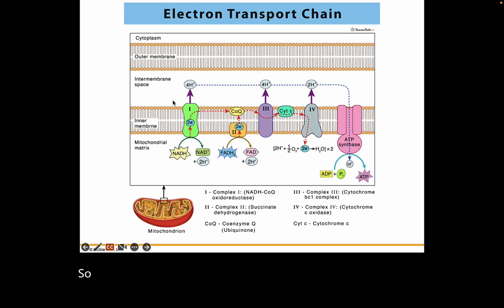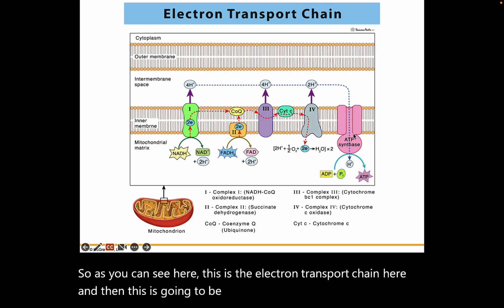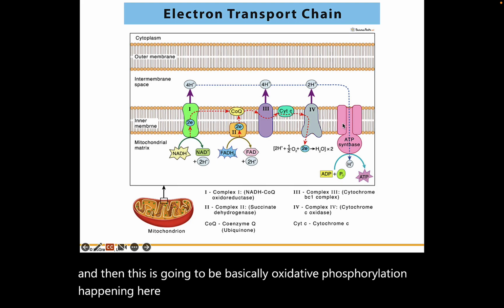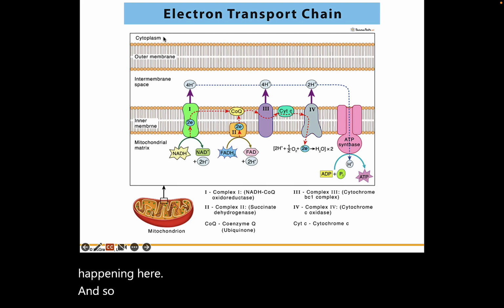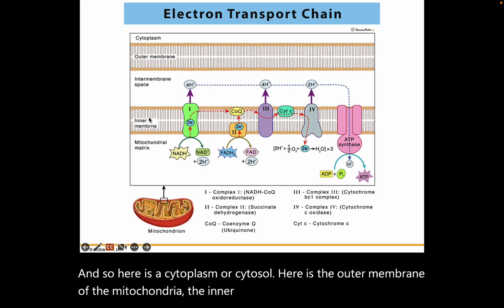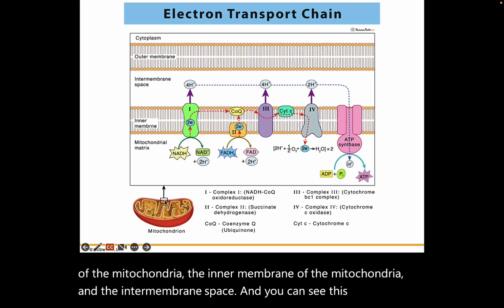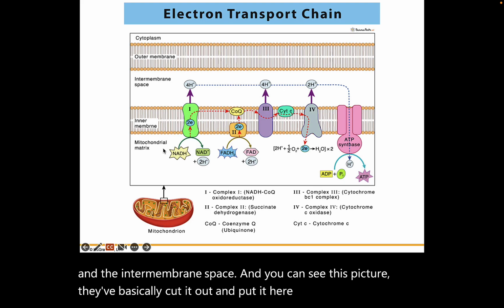So as you can see here, this is the electron transport chain here, and then this is going to be basically oxidative phosphorylation happening here. And so here is the cytoplasm or cytosol here. Here is the outer membrane of the mitochondria, the inner membrane of the mitochondria, and the inner membrane space. And you can see this picture, they've basically cut it out and put it here.